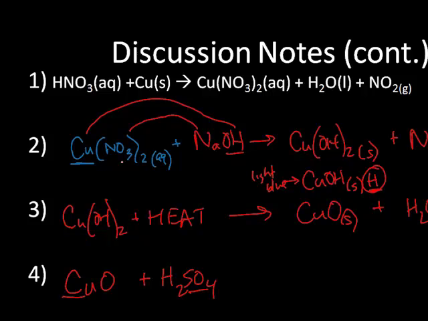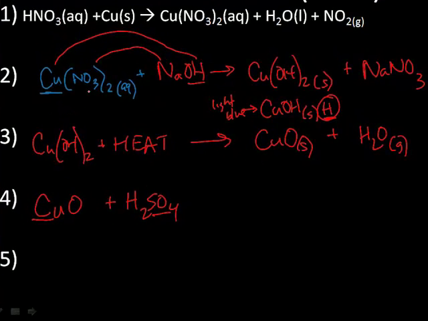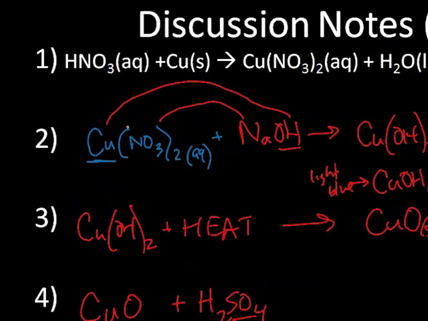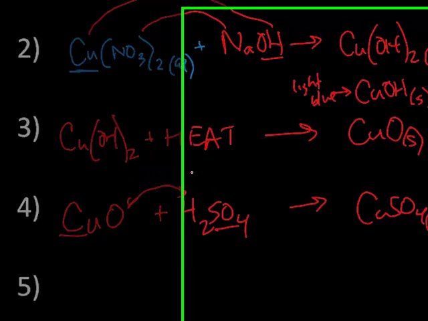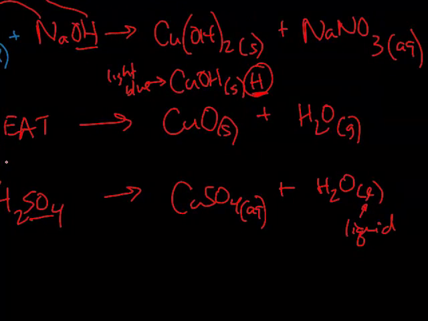The product, whether it's copper hydroxide, Cu(OH)2, or copper oxide, CuO, reacts with sulfuric acid, and it produces a blue solution. The copper and the sulfate combine and the H2O connect, producing copper sulfate and liquid water.